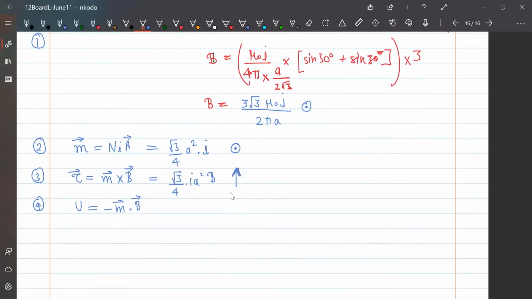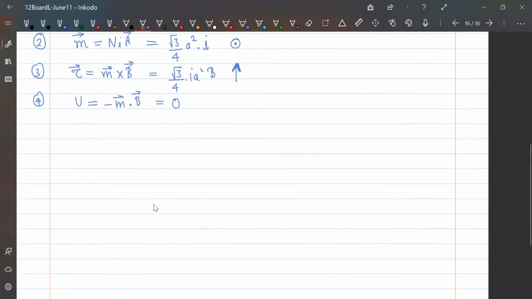You can also write J cap if you want. Then potential energy will be just 0, because they both are perpendicular to each other. Okay, moving on to next question.